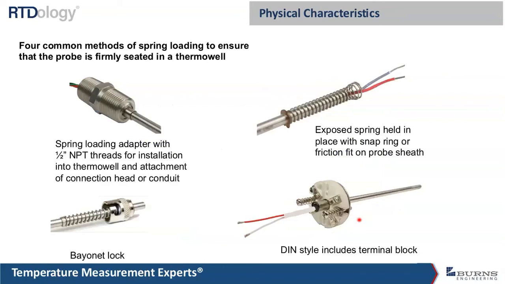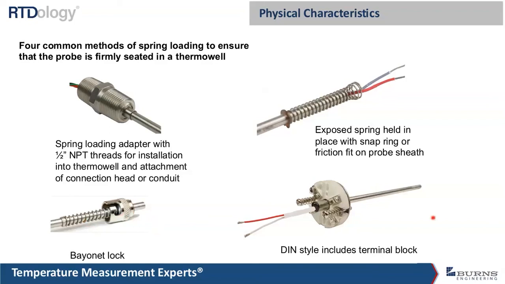One of the more common ones would be a threaded fitting where the spring is internal inside this housing. There are others where it's exposed, where you can see it, such as this little bayonet lock. This type is typically used in plastic injection molding equipment or other types of machinery where there might be just an access hole drilled into it, and these just go into that bore and then hook on with a little quarter turn twist lock connection.